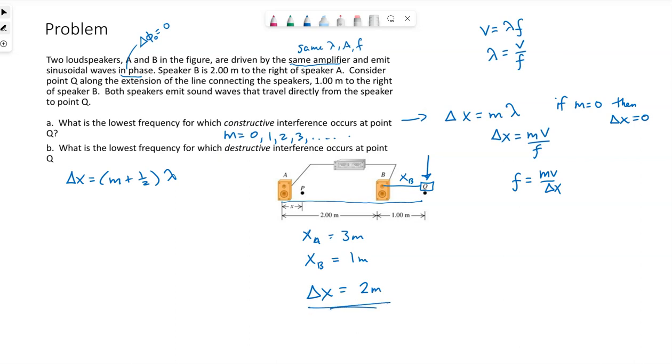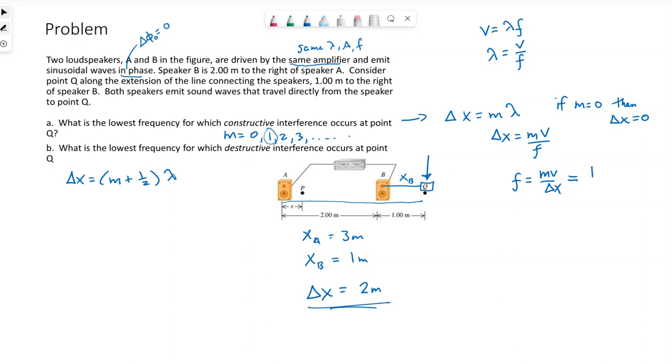It's 2 meters. So coming back to our equation for constructive interference, if we cannot use m equals 0 because we have a delta x, then the next smallest value of m will be 1. That's what I will want to put in.